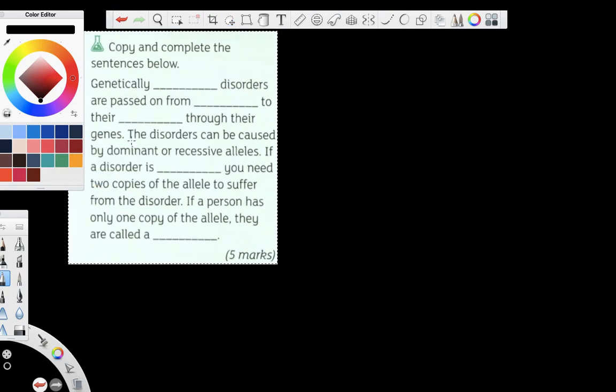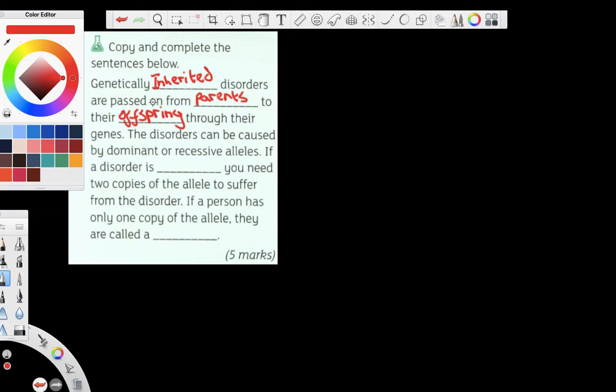So for question 1, it should have read, just get a red pen, genetically inherited disorders are passed on from parents to their offspring through their genes.